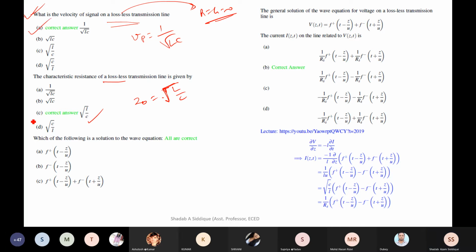Now, which of the following is a solution of the wave equation?